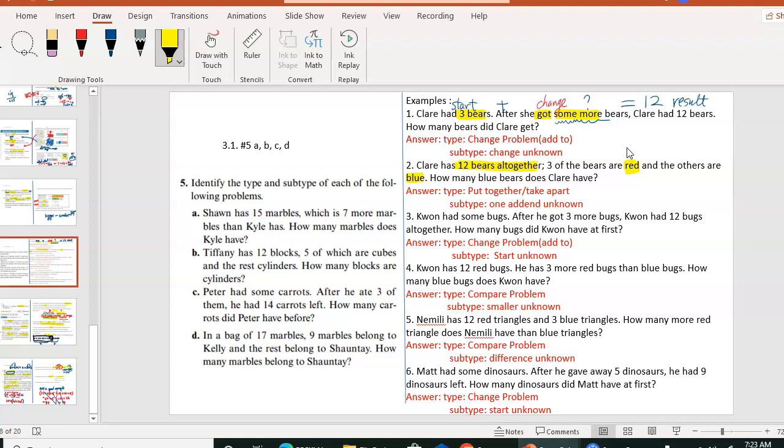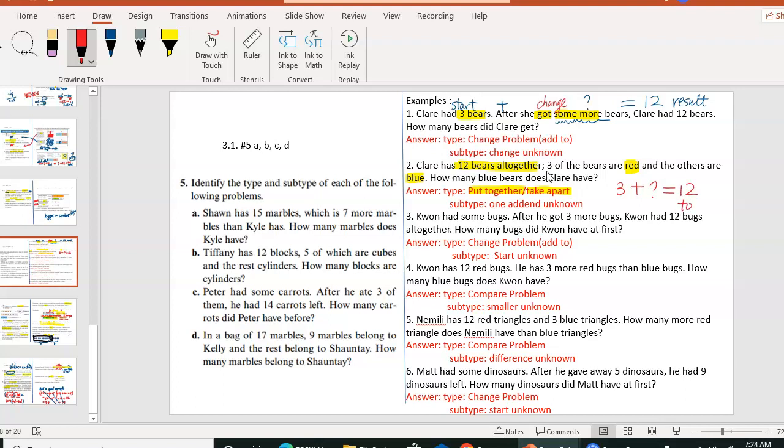Okay, so in this case, we call it put together / take apart. Actually it's take apart, so how do we see that? Notice that we already have 12, and 3 of them are red, plus the others. We don't know how many the others are, the blue ones, so we use a question mark, equals 12.